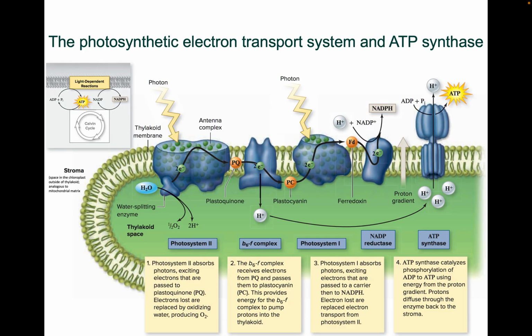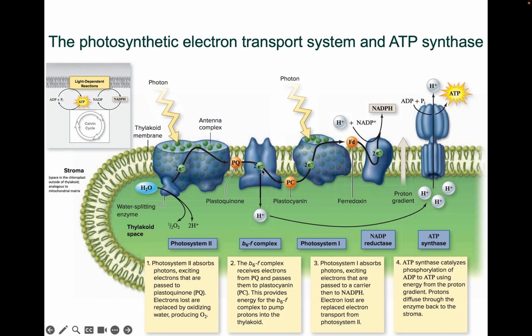So again, this is just a more simplified figure. I'm going to go over this because it's quite cool. What happens here is that a photon is absorbed by the antenna complex, as you can see here. The antenna complex passes it on and on in a way that excites your reaction centers. So the two chlorophylls here, the P680, are very excited, and they pass it to plastoquinone.